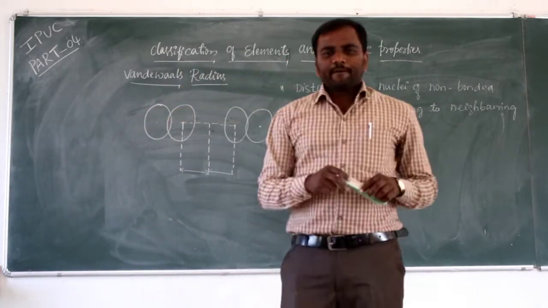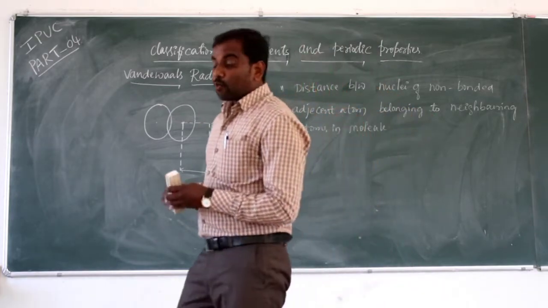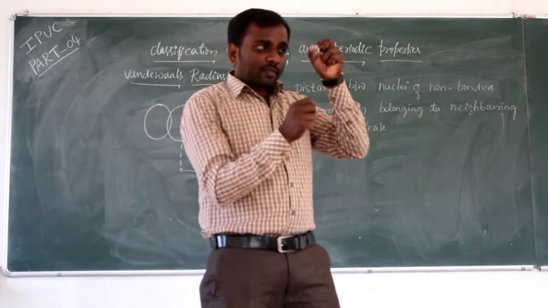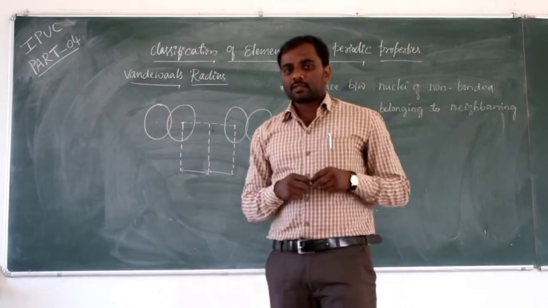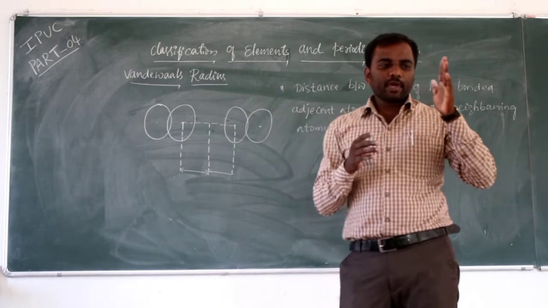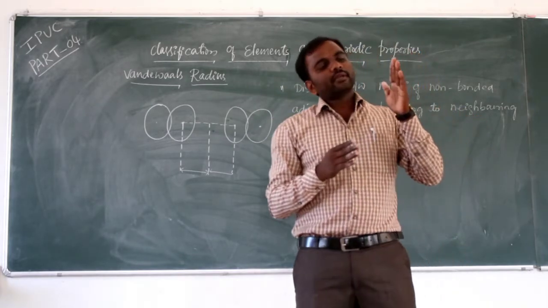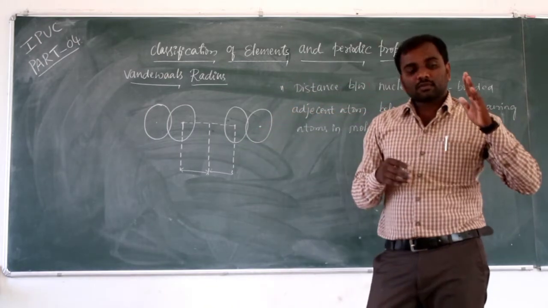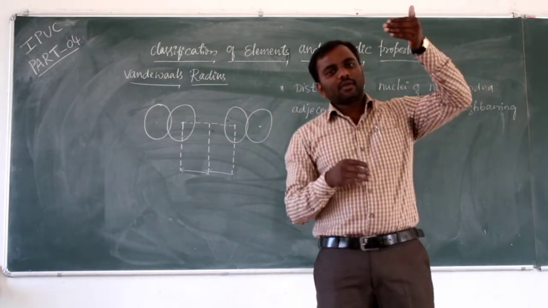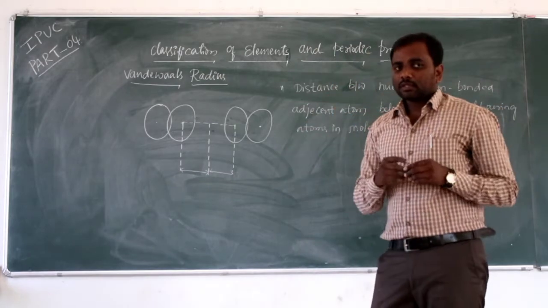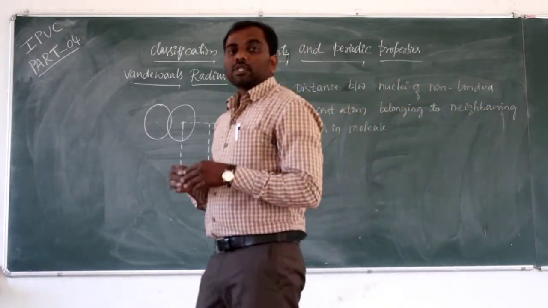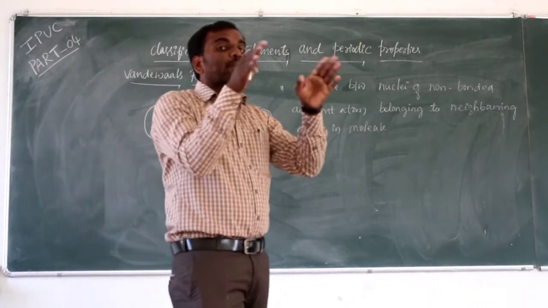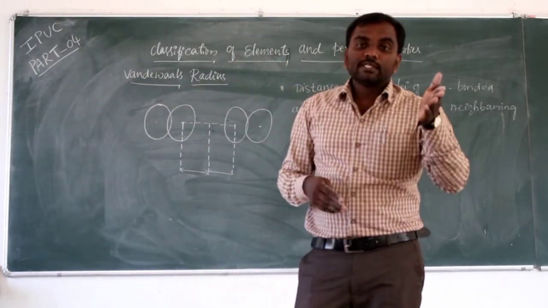Right? See, this van der Waals radius is always greater than the covalent radius. Comparing van der Waals radius and covalent radius, this van der Waals radius is always greater than the covalent radius, right? See, already we know that the covalent radius is formed by the overlapping of orbitals. Is it clear?